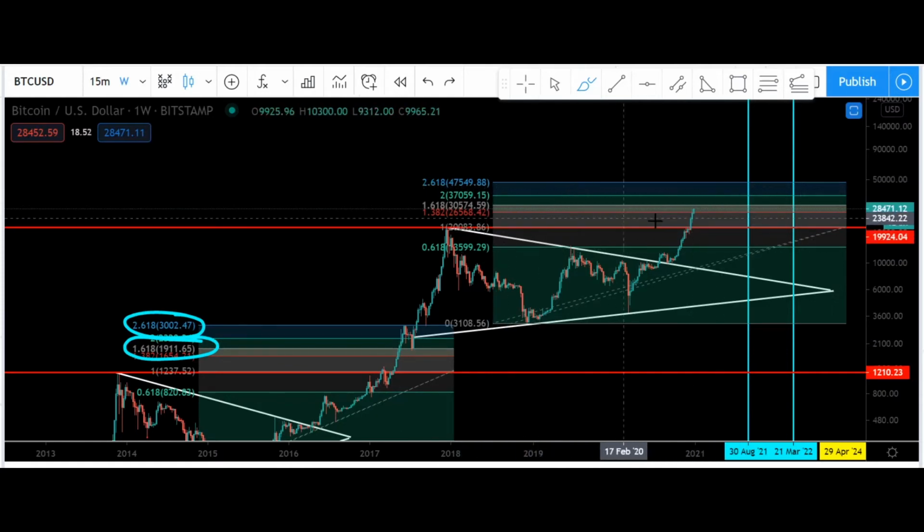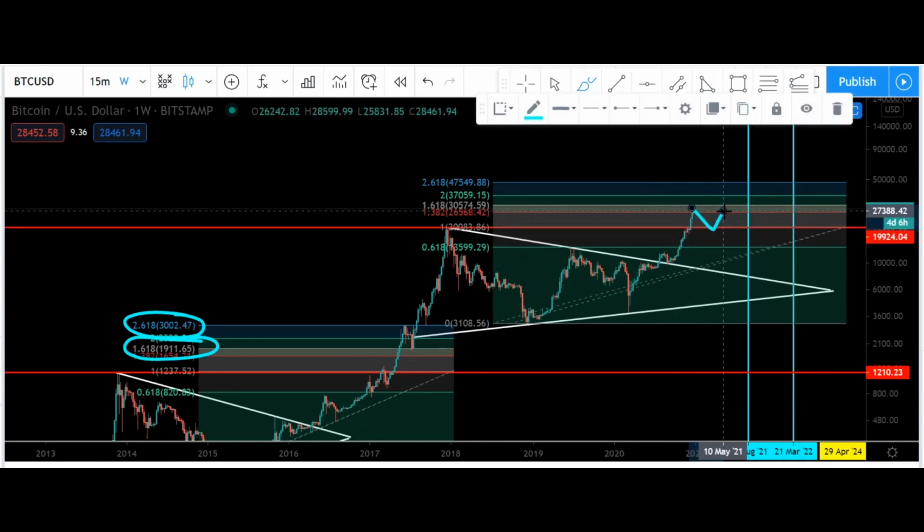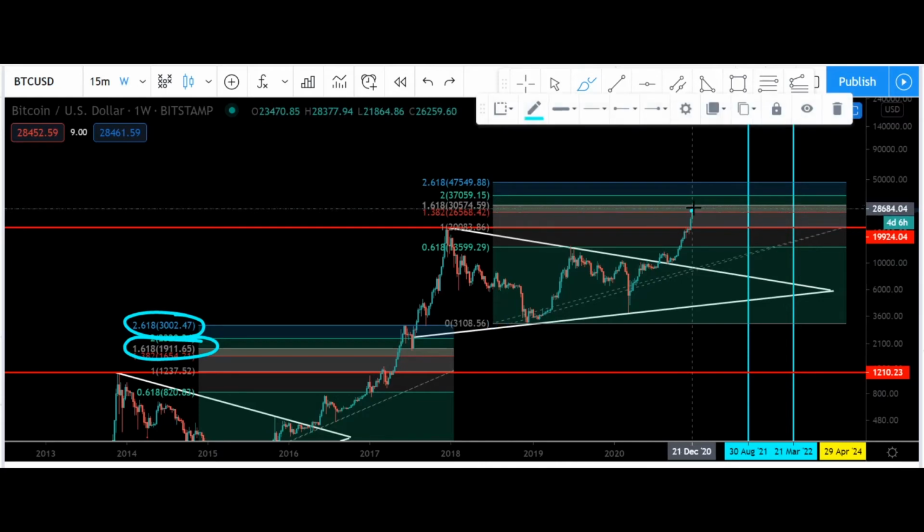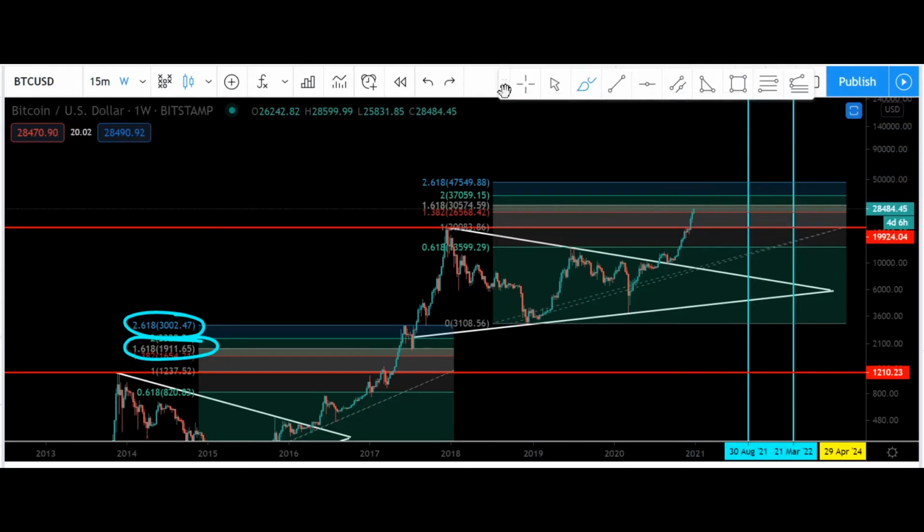Everyone's expecting this pullback down to $20,000 for a retest, but we never got it here. Again, we went all the way up to the 2.618 and then that pullback to the 1.618. So if we were to blast off to close to $50,000 and get a pullback down to $30,000, that would be a basically identical chart pattern, and if it happens, you heard it here first.